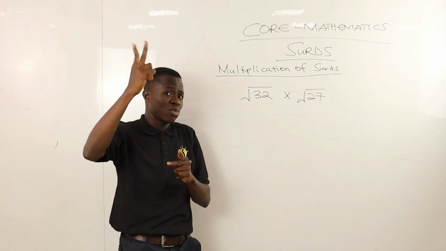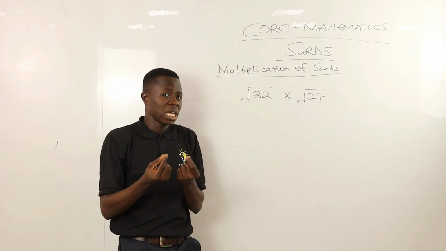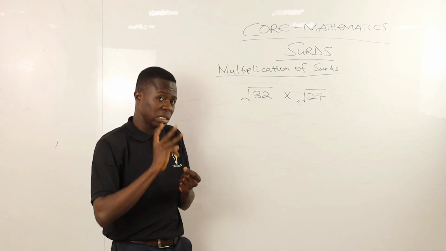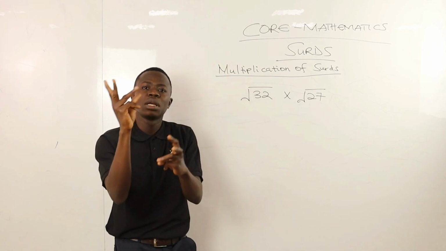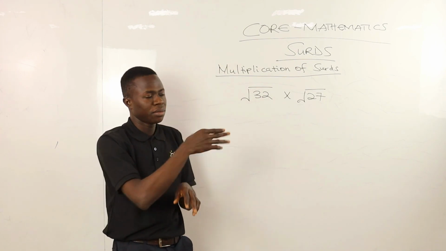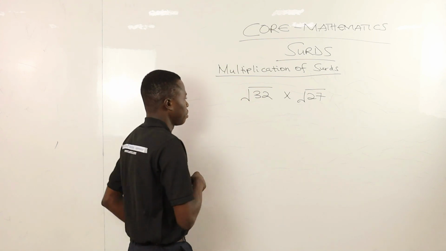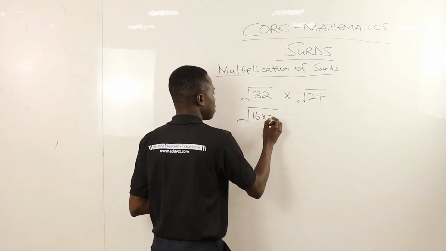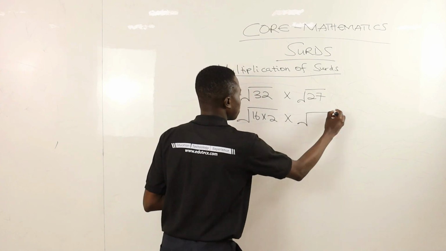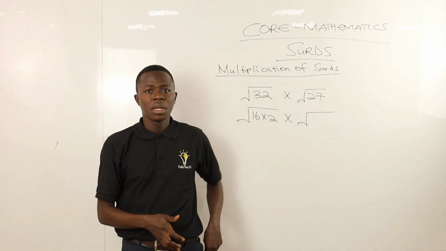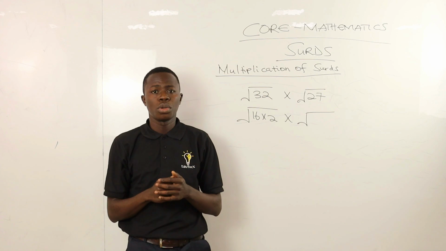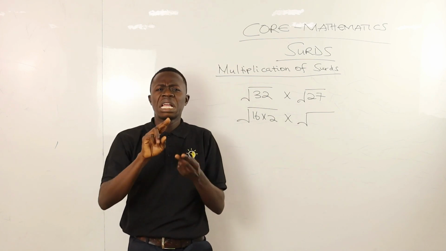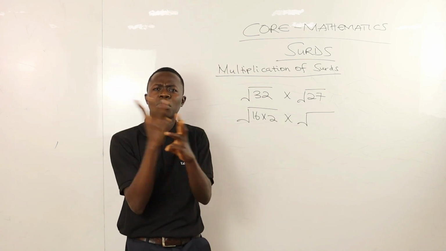And you remember that we said that in simplifying such sets, what we do is we look for a number which is a perfect square and multiply it by another number to get that number we are talking about. So for instance, 32, we can have 16, which is a perfect square, multiplied by 2, which will give us that number. Then for the other number, 27, another perfect square.